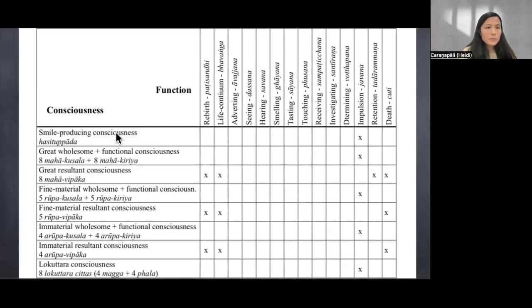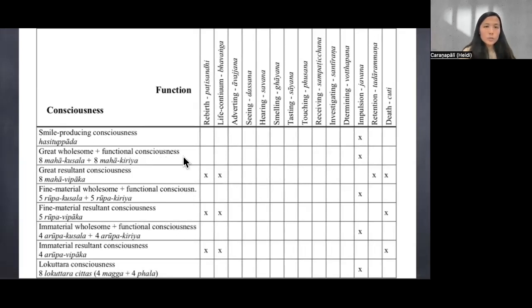Now, the smile producing consciousness, hasituppada, the kriya citta, the smiling consciousness of the fully enlightened being, happens during the javana moments. It's kind of active, no, although it's functional. Then we have the maha kusala, the 8 types of wholesome consciousness, as well as the functional consciousness, meaning when the arahants, fully enlightened beings, perform good deeds.